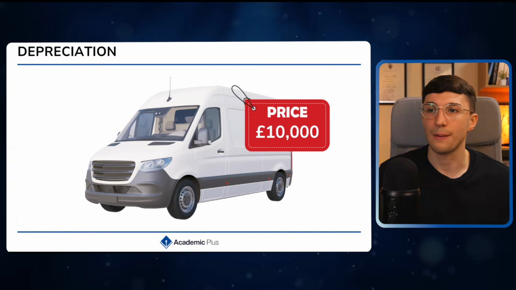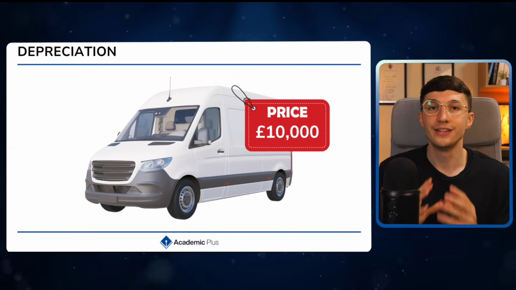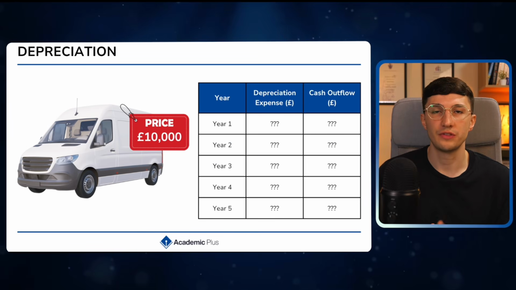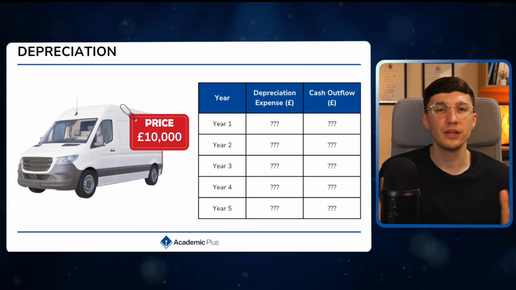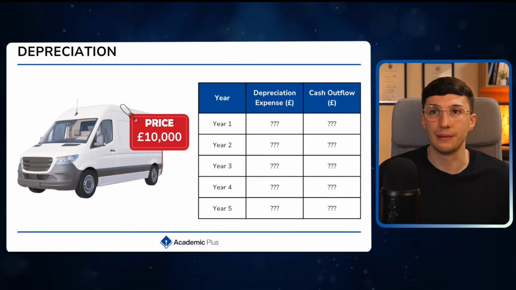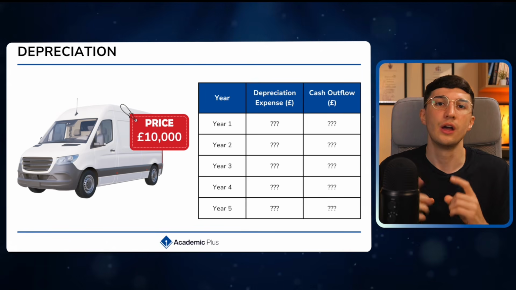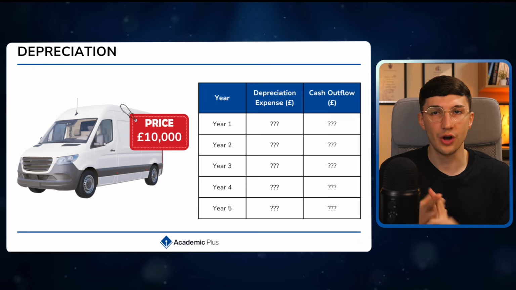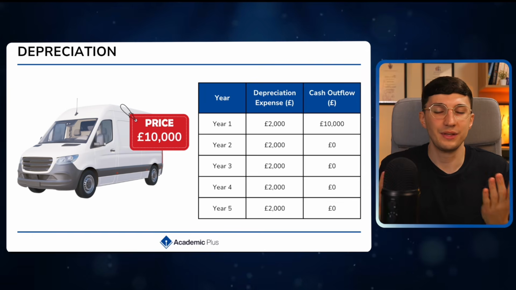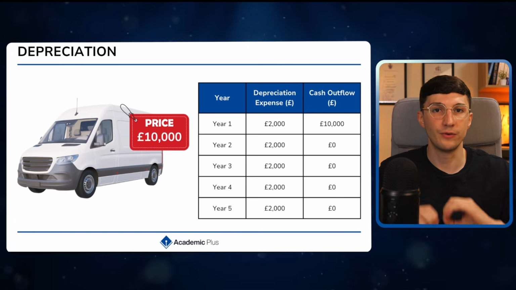So now let's say, for example, the business pays for a van, £10,000, and we've paid all the cash up front. Now another assumption that we're going to make is we're going to say, well, this van is going to last me 5 years, and after those 5 years, we're scrapping it. So it's going to be worth £0. So how does this impact my costs and how does it impact my cash flow? Well, my cash outflow in that first year would be £10,000 because I've paid for it up front.